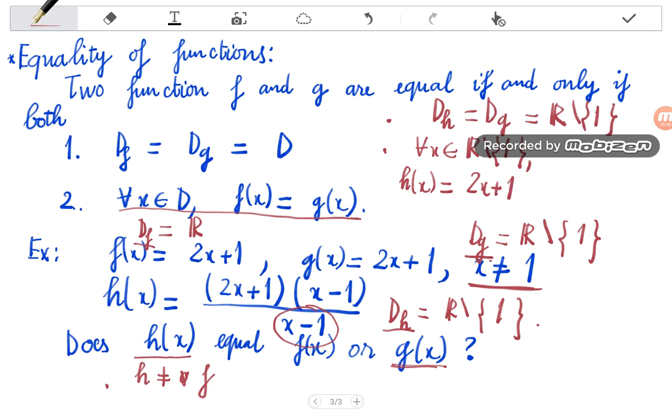And 2x plus 1 is g(x). So we can conclude that h equals g.